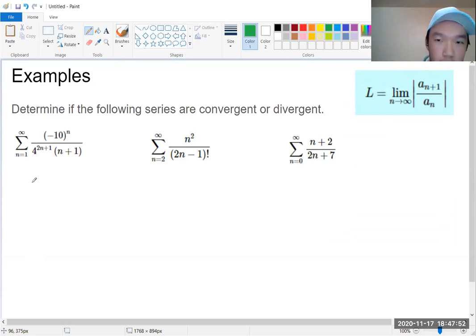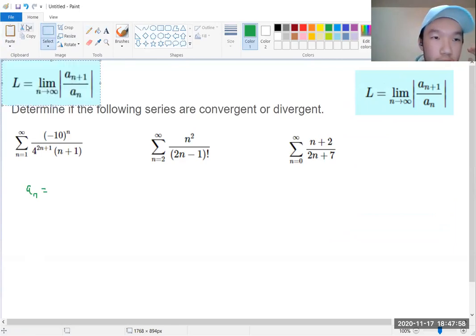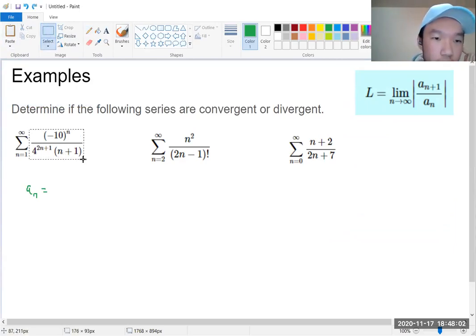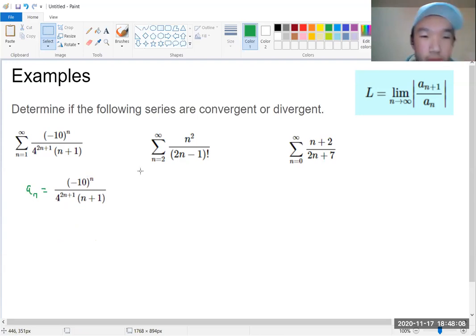Let's go through the first one a little slowly. So a sub n is basically this thing right here. And then a sub n plus 1 is basically the next term. So it's the same thing, it's just wherever you see an n, you're going to replace it with n plus 1.